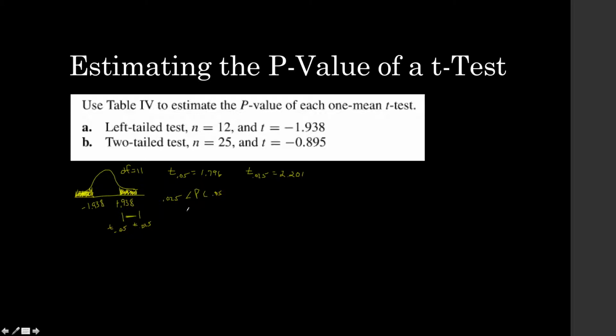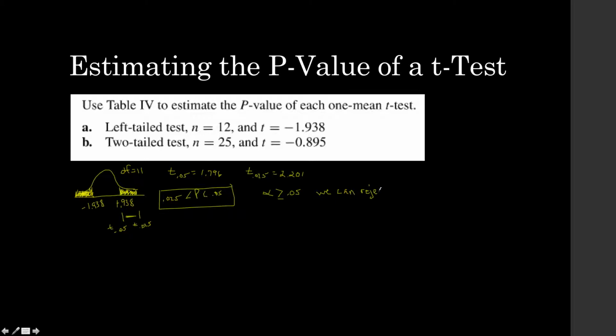What does that tell us if we know the p-value is between these two numbers? It tells us that if our significance level is greater than or equal to 0.05, we can reject the null.